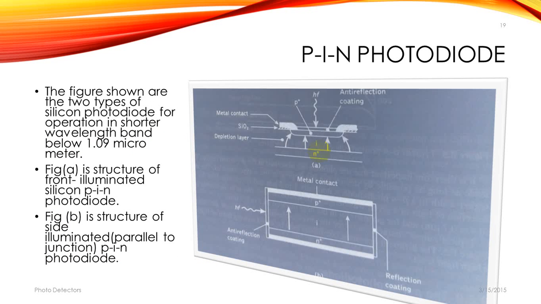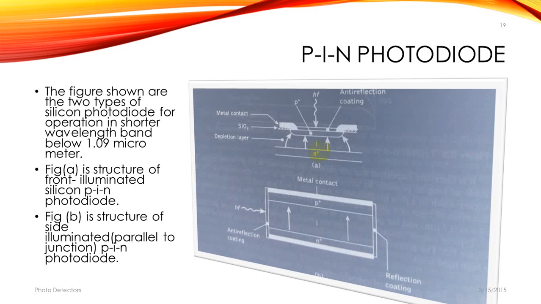Figure A is the structure of a front illuminated silicon PIN photodiode. The front illuminated photodiode, when operating in the 0.8 to 0.9 micrometer band, requires a depletion region of between 20 and 50 micrometer in order to attain high quantum efficiency, typically 85%, together with fast response, less than 1 nanosecond, and low dark current, 1 nanoampere.